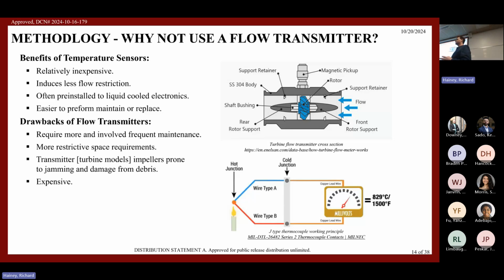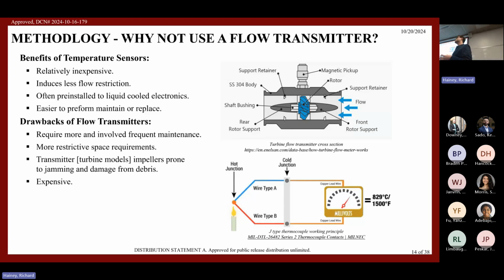On a test bed that we have constructed, we've incorporated a couple of these turbine flow transmitters, which is, I would say, the most common type of flow transmitter you can buy, at least for the price. And in these turbine-style flow transmitters, of course, they have a tendency to pick up debris and become jammed.